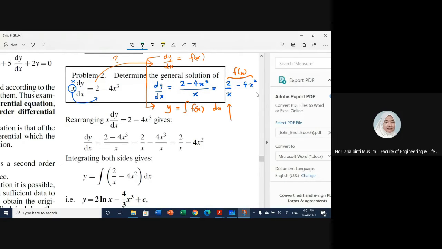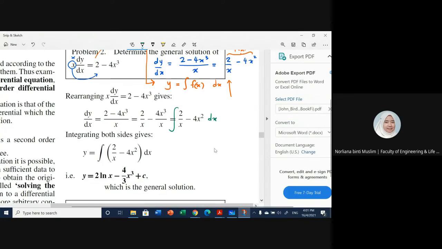Okay, let's see, it has been written here. So we are going to integrate this one with respect to the x variable. This 2 is a constant, right? So take it in front. So the process is equivalent to integrating this.